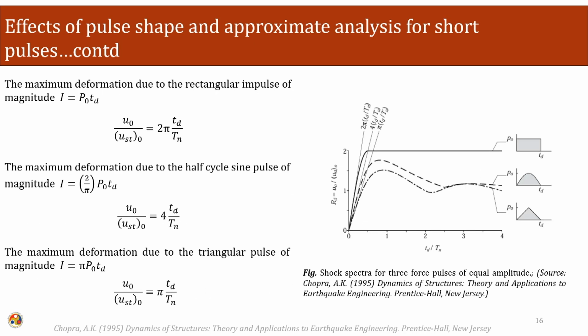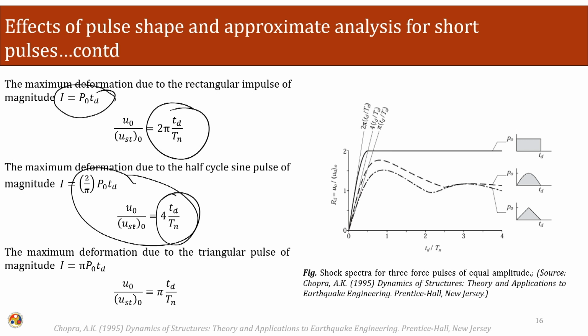The maximum deformation due to the rectangular impulse of magnitude I equals P naught Td is this much. Due to the half cycle impulse, this becomes 4 Td over Tn, and the maximum response due to a triangular pulse is this much. So this is twice pi, so 2 into 3.14, this is 4 and this is pi, 3.14.